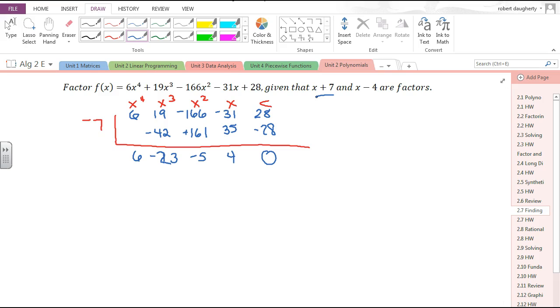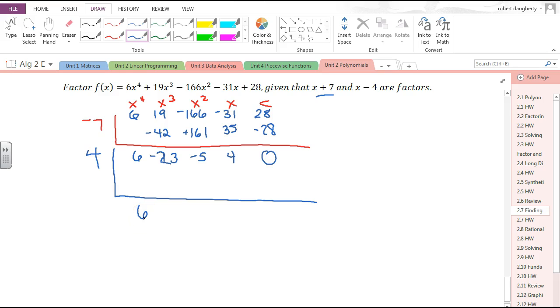So this is 6x cubed minus 23x squared minus 5x plus 4. I need to do synthetic division again with what number? 4. So let's just do it again. Bring the 6 down.